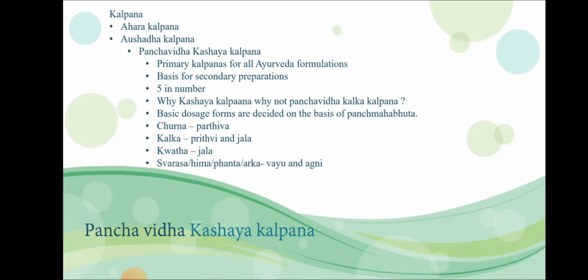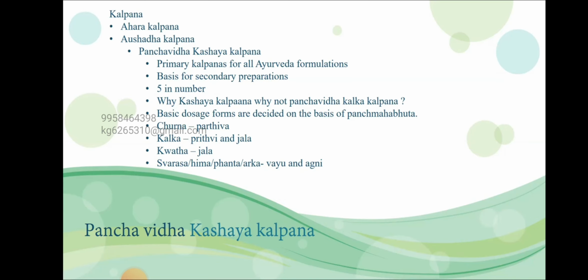These basic forms are decided on the basis of Panchamahabhuta itself. Churna Kalpana is made from Parthiva Dravya dominant substances. Kalka will be Prithvi and Jala. Kwatha, Swarasa, Hima, Phanta, and Arka will be Vayu and Agni Mahabhuta predominant.